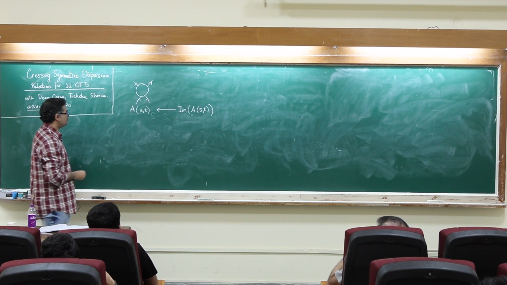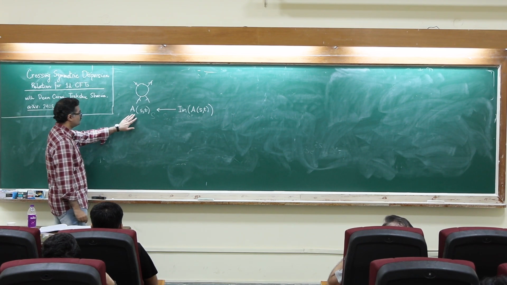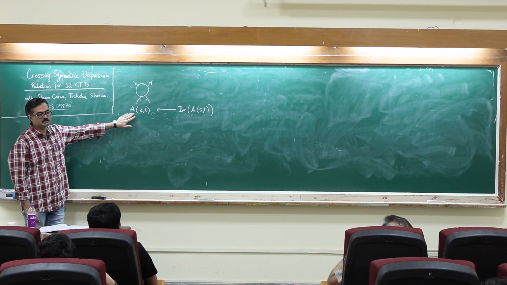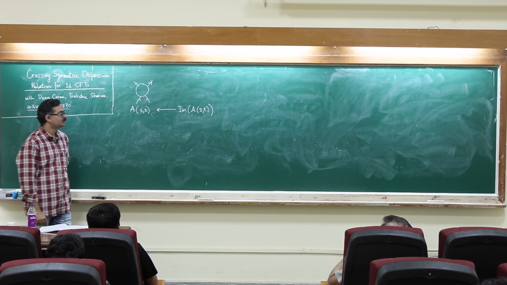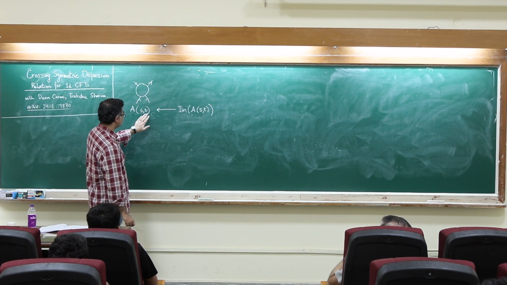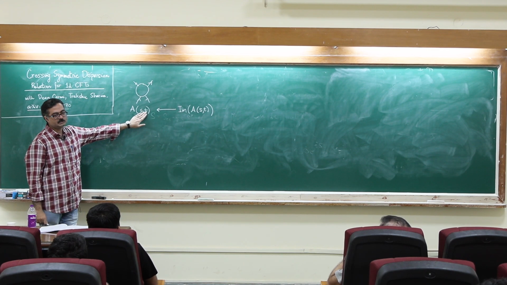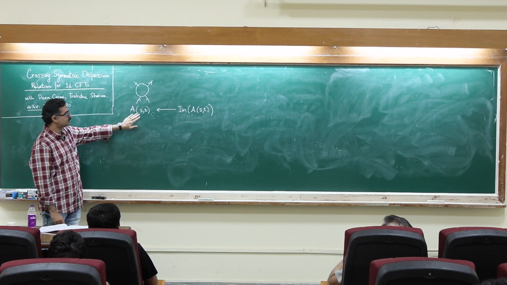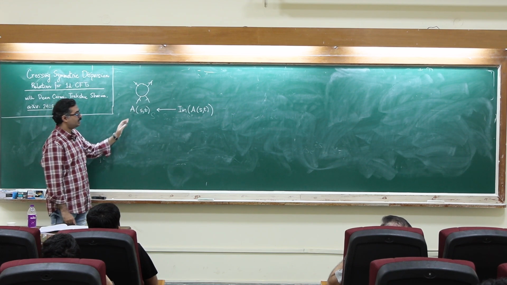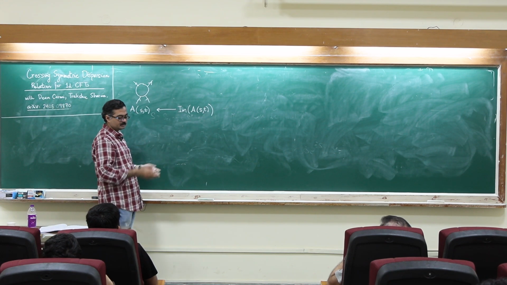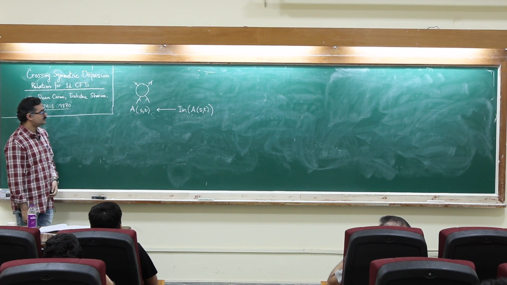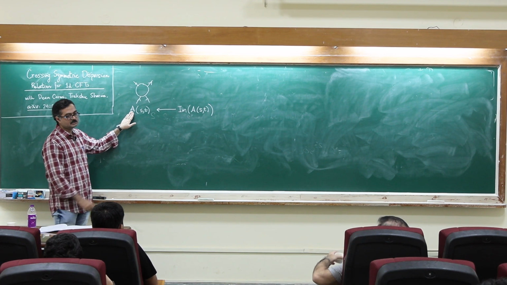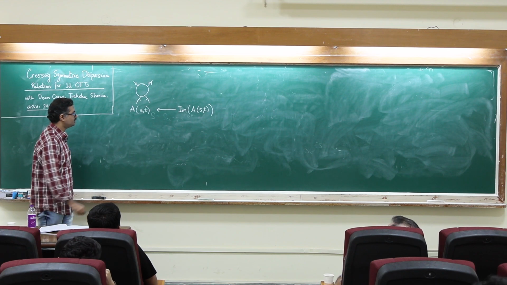And typically, this object has some analyticity structure in the complex Mandelstam plane. The idea is that you fix one of the variables and think of the amplitude as a function of the other variable in the complex plane. It has some cuts there.